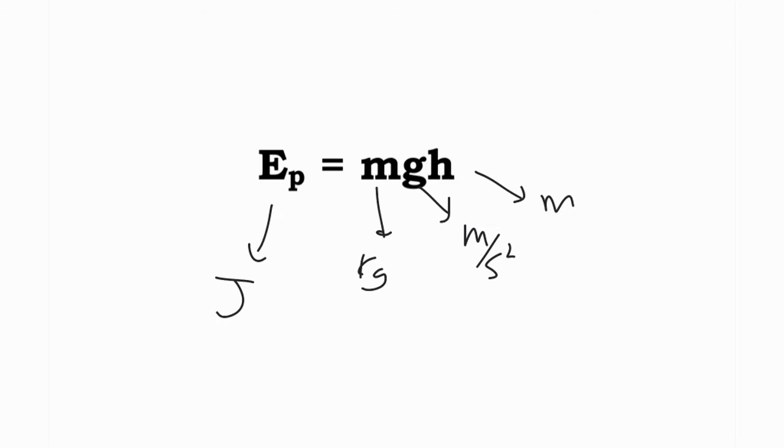So potential energy in joules is equal to mass in kilograms times g in meters per second squared times height in meters. Now you can see again what the fundamental units of a joule are. A joule is kilograms times meters squared over second squared. Those are the same thing.